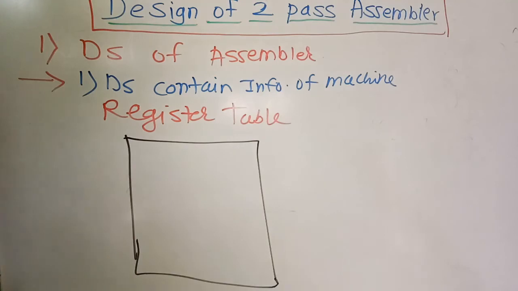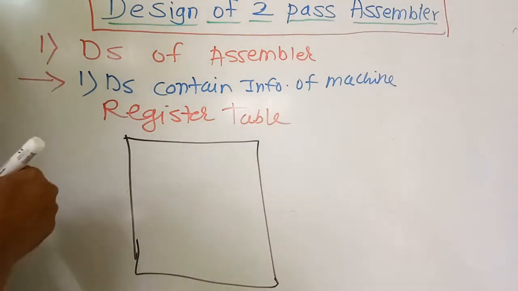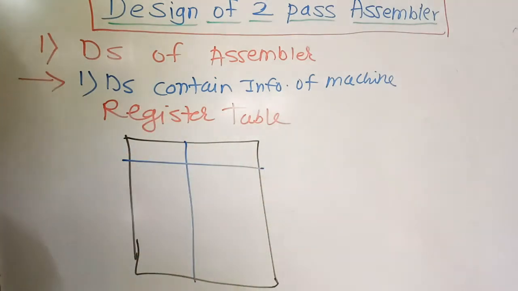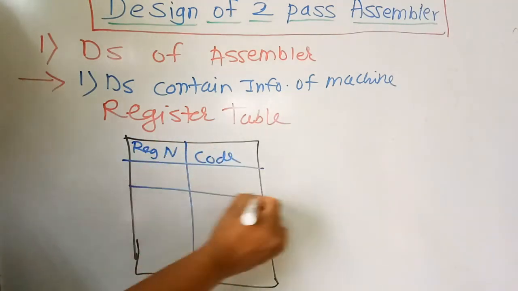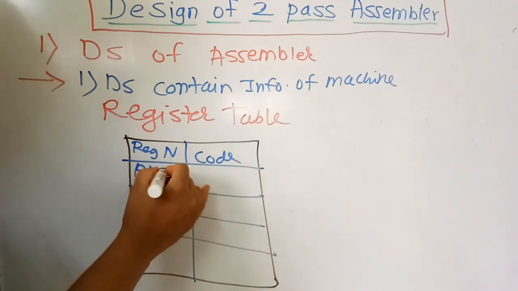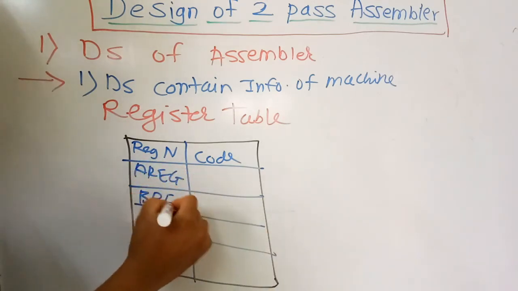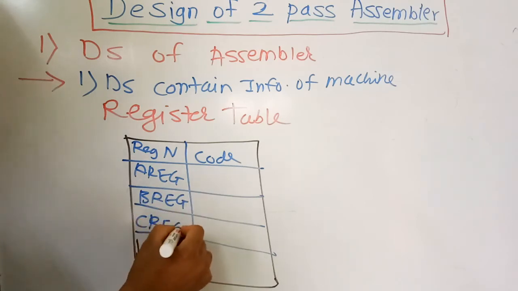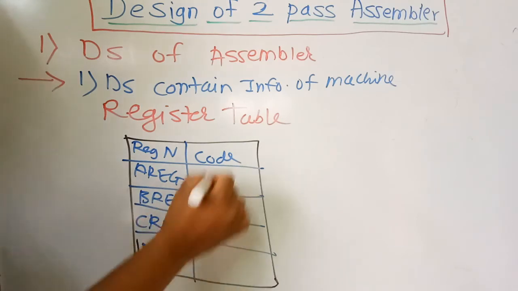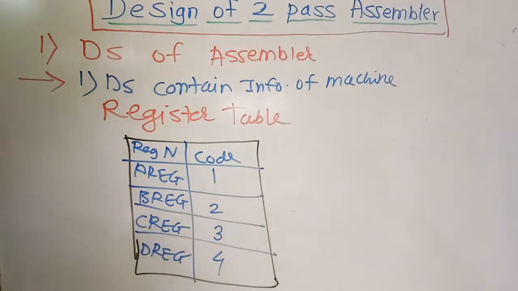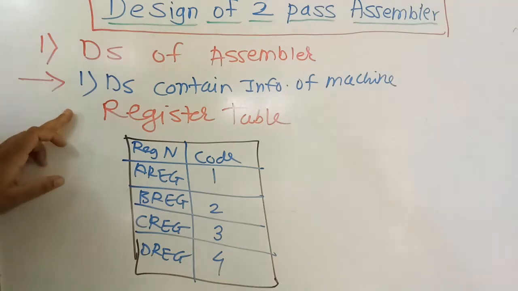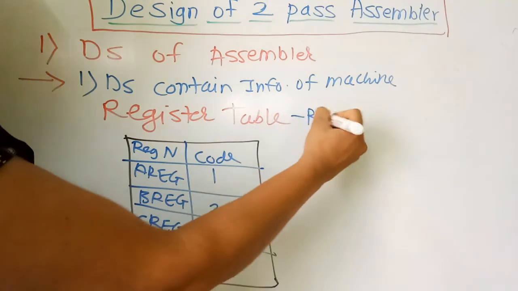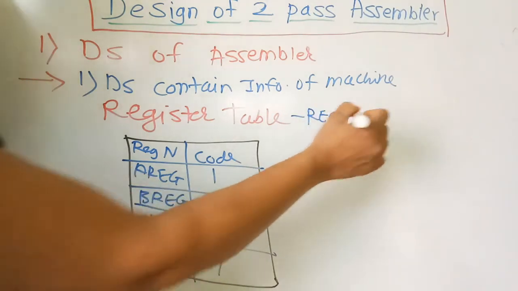There are only two fields listed in this table: the register name and the code of the register. For example, A register, B register, C register, and D register, having the codes 1, 2, 3, 4 in serial. It is used to store the name of a register and its code, and its shortcut name is the register table.